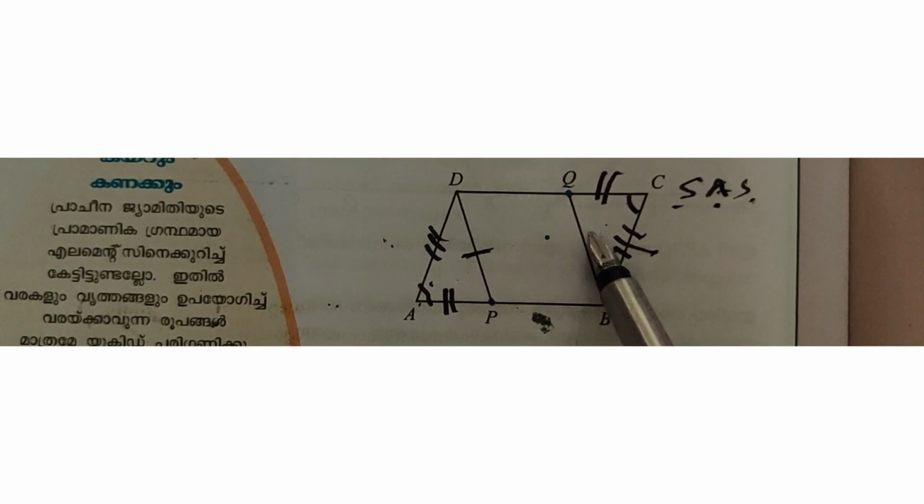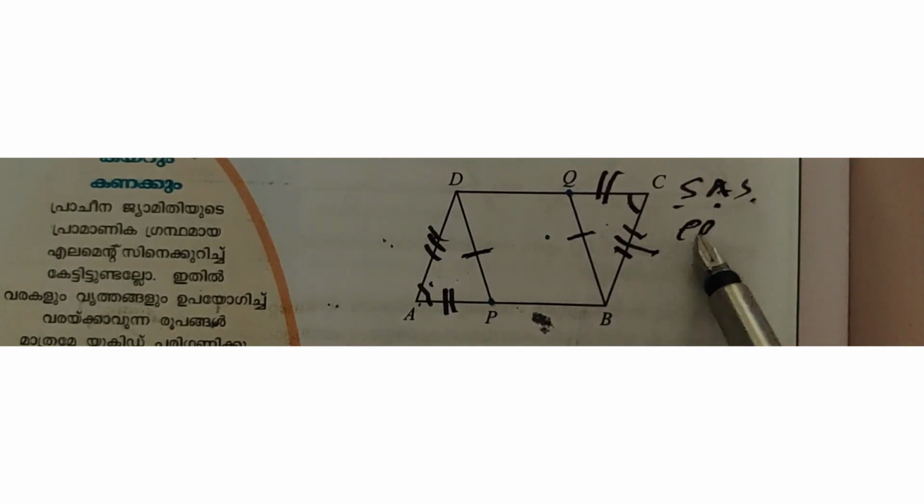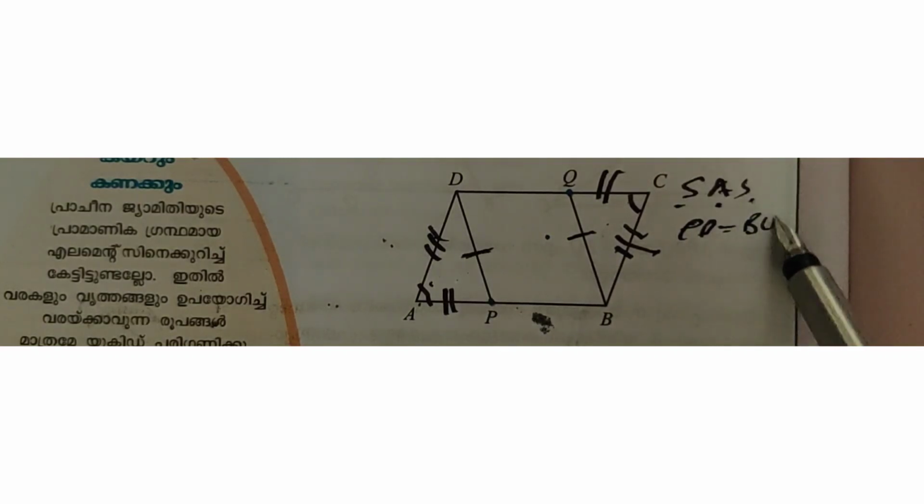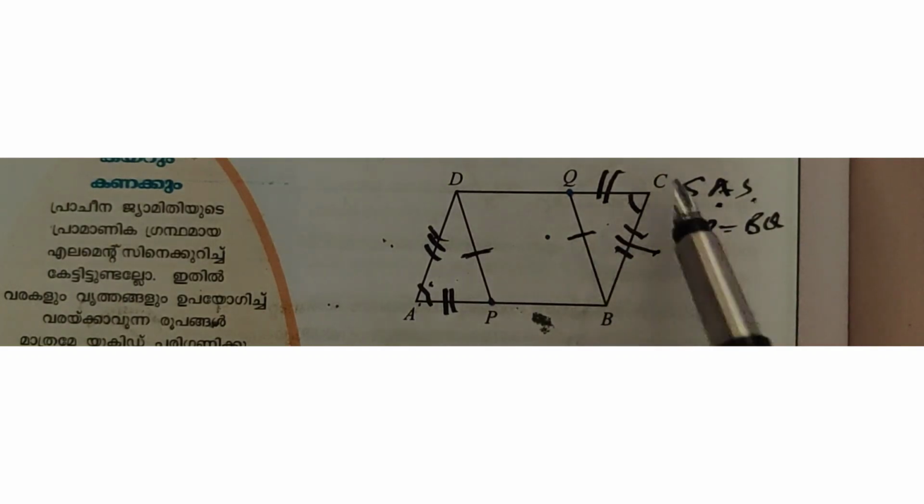And therefore this third side is also equal. PD is equal to BQ. Then for the inner quadrilateral, opposites are equal and these opposites are also equal.